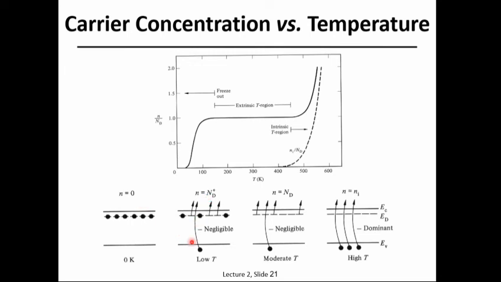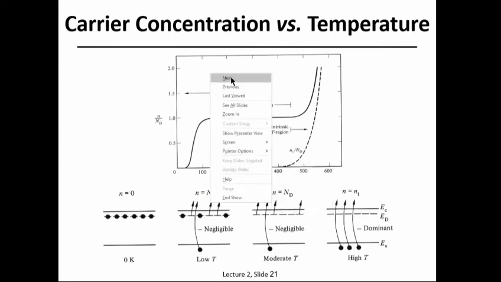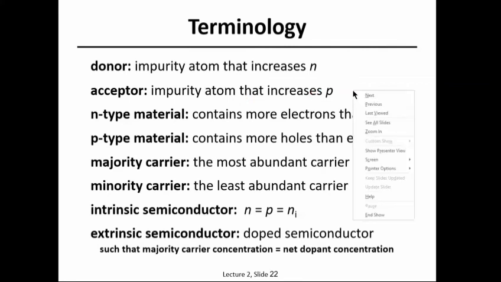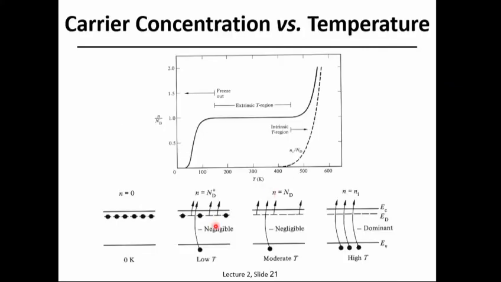At low temperature, the concentration of electrons starts to have the ionized donor density. As we increase into moderate temperature, room temperature, you will find that N becomes the total donor density.